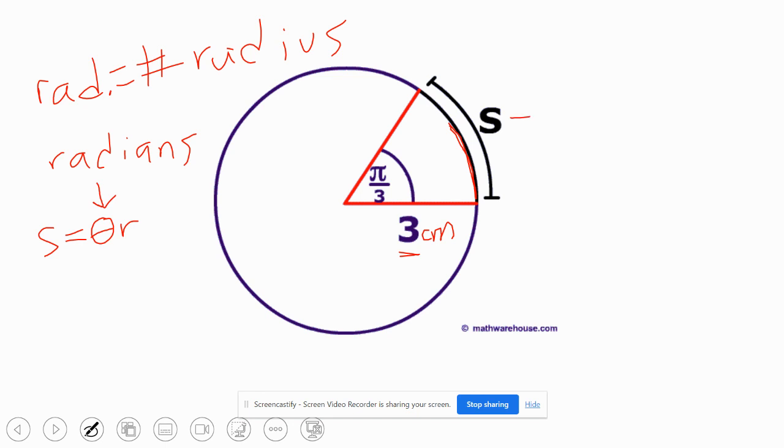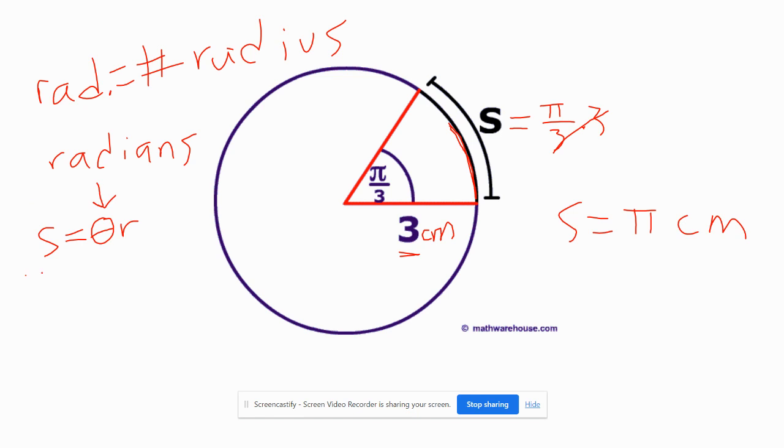So if I want to know what s is, that's just going to equal pi over 3 times 3. Okay, and if you were to multiply that out, the 3s cancel. The arc length is pi centimeters in this case. So again, this is the formula we'll use when something is in radians.